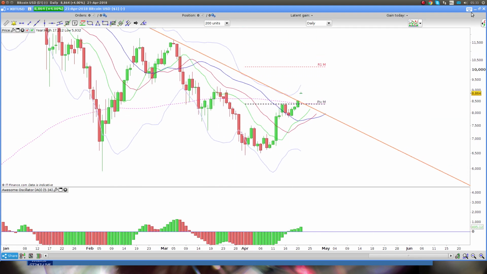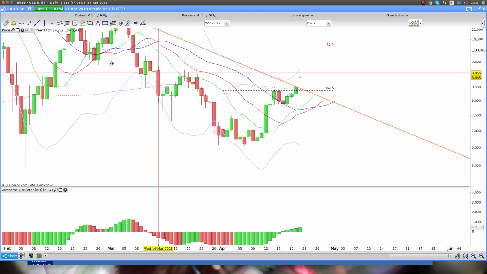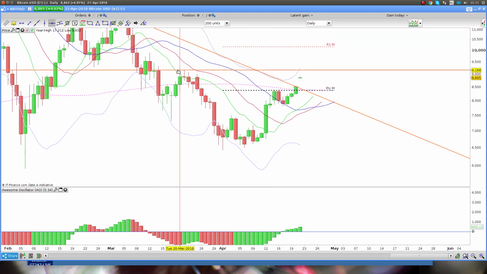Just want to check if it hasn't formed a fractal on the daily. So the fractal on the daily is sitting here on this pin bar. So this peak here is a fractal. This one does have more than 2 higher lows on the daily on the left hand side, but on the right hand side we have a high there, then we have a one lower high, and then it's a high.